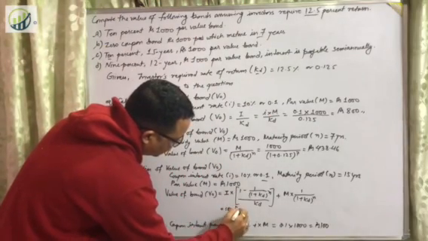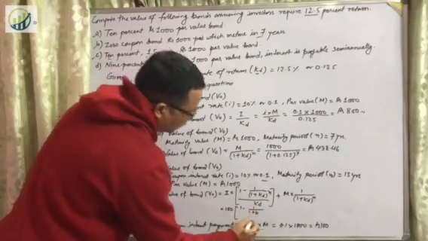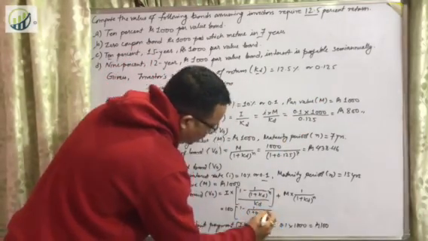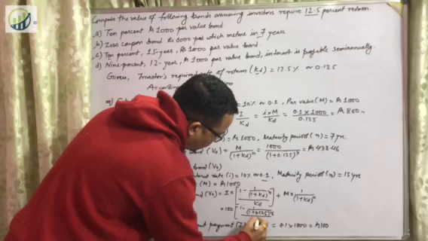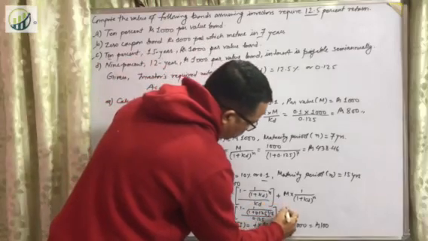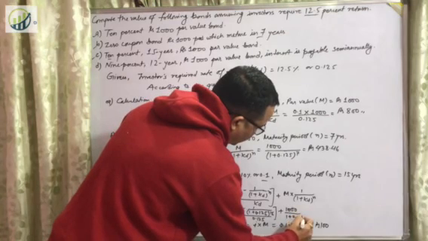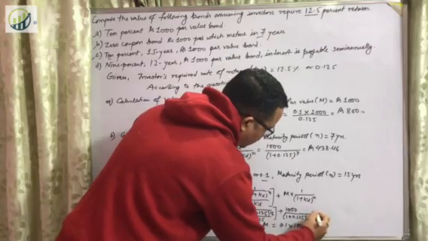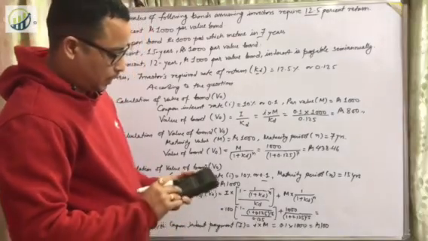100 bracket 1 minus 1 upon 1 plus 0.125 here, and you have the power, number of years, 15 years, divided by 0.125 close, plus M, which is here 1000, divided by 1 plus 0.125 power. Now you can find the value of this factor using the calculator at once.